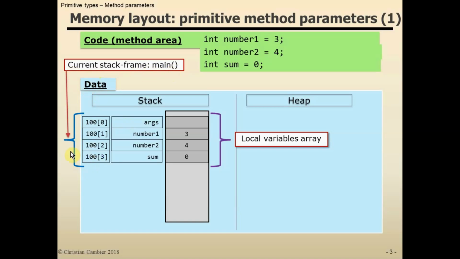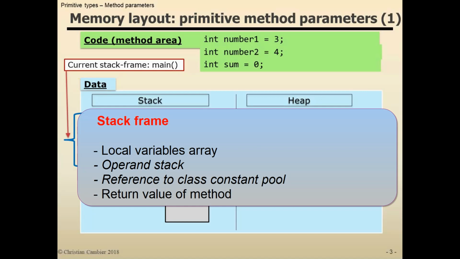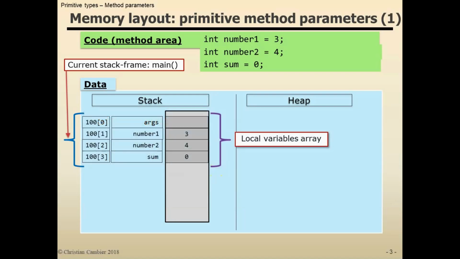Now, what does a stack frame contain? First of all, the local variables array, but more than that, namely an operand stack and a reference to the current class constant pool. Now, those two I'm not going to explain here. What I will demonstrate, however, is that the current stack frame stores the return value of a method as well.